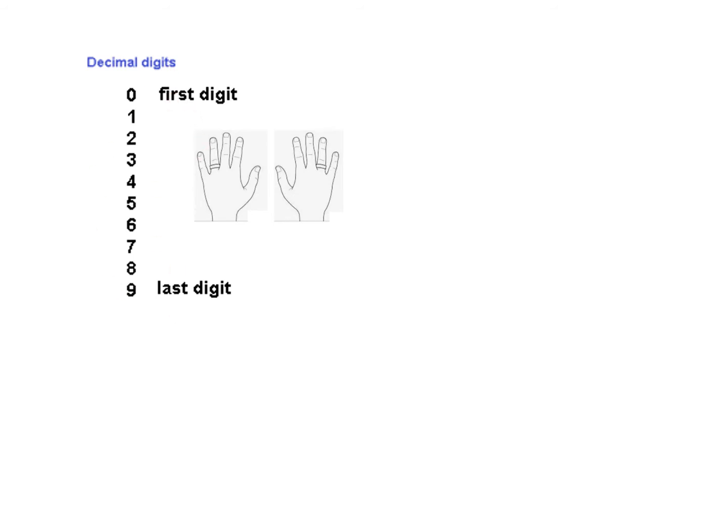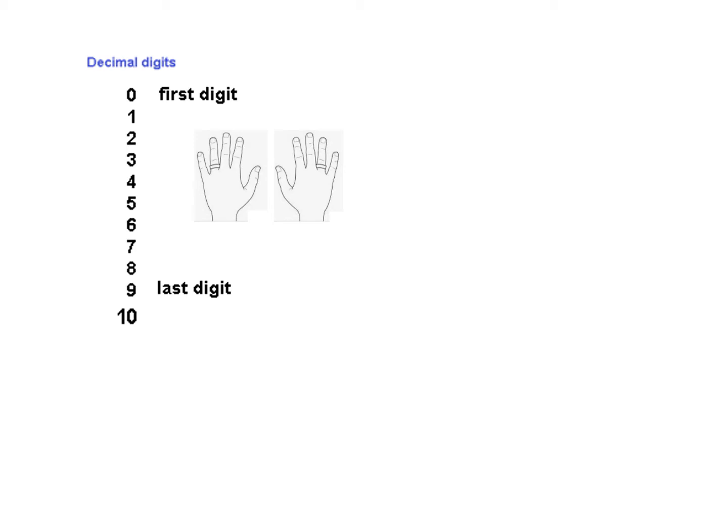If we go further, in place of the 9 at the unit place we put a 0, and then at the tens place we put a 1. So after the last digit, we move towards the left and put 1 and 0.